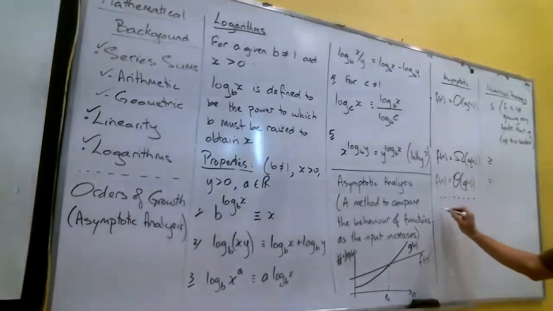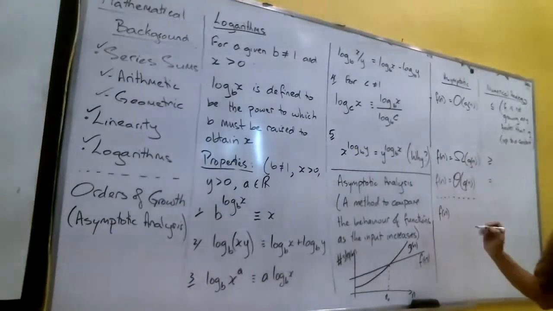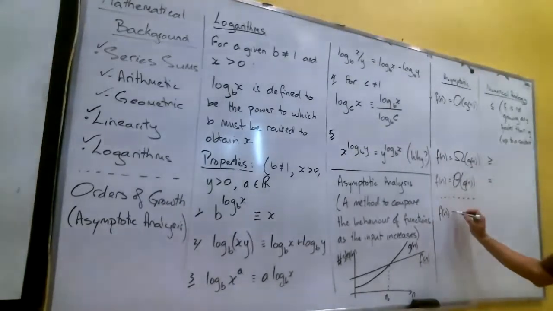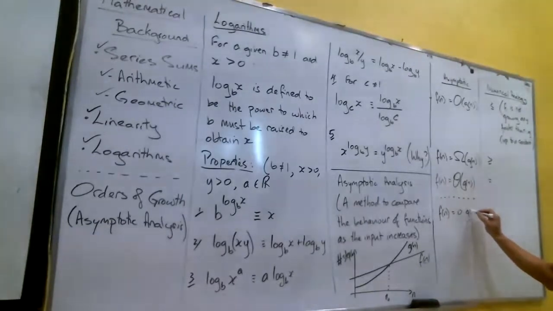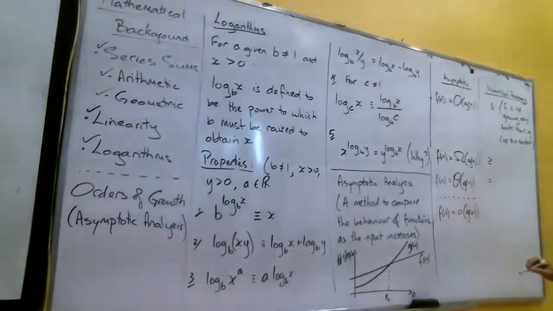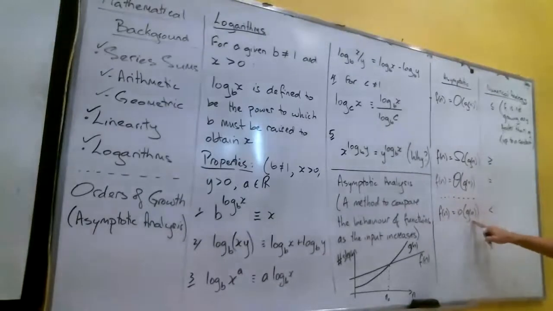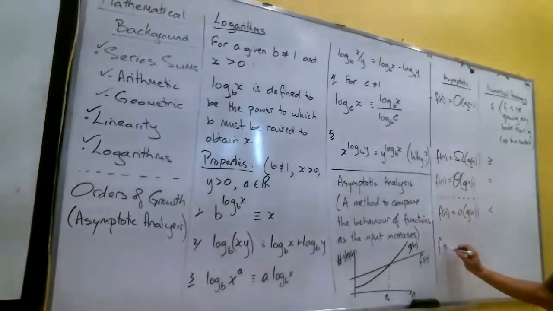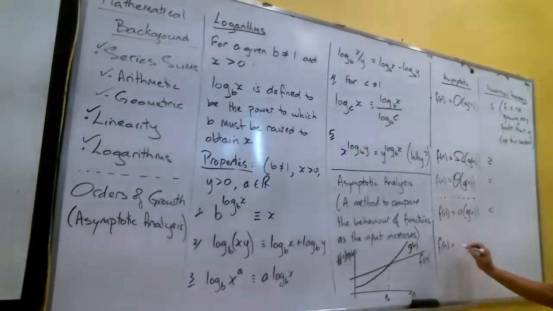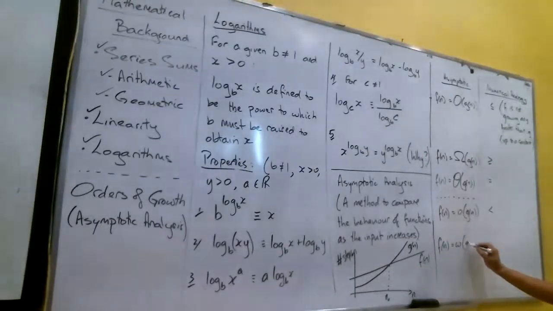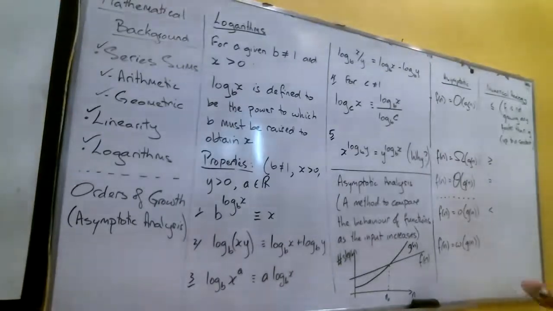If I write f of n is little o of g, that's like strictly less than. In other words, f of n is growing much slower than g. And if I write f of n is little omega of g, that's like strictly greater than.